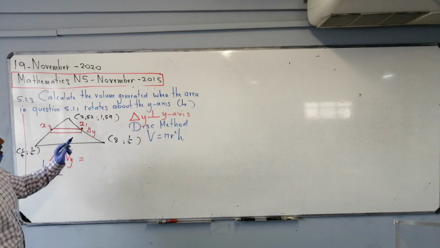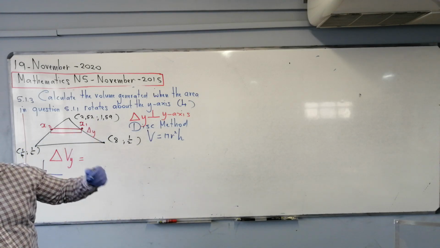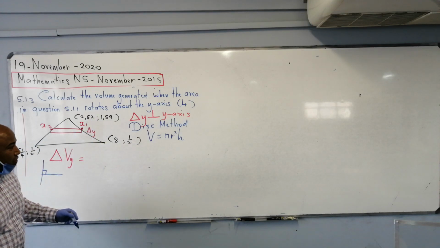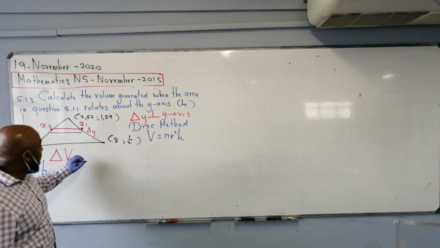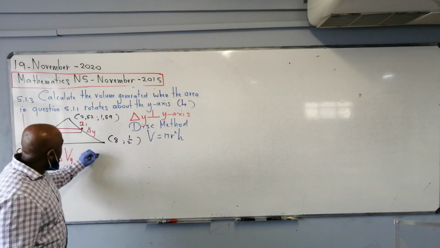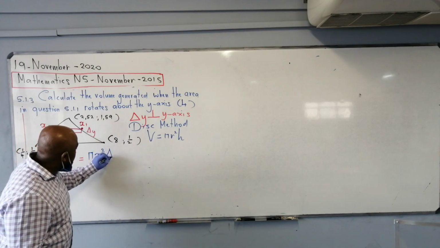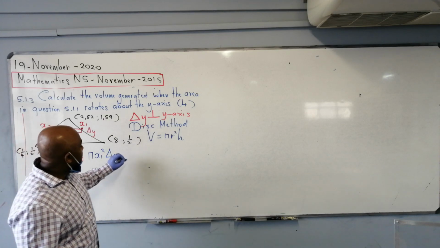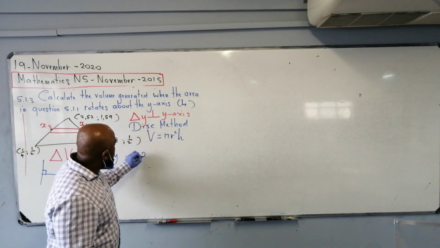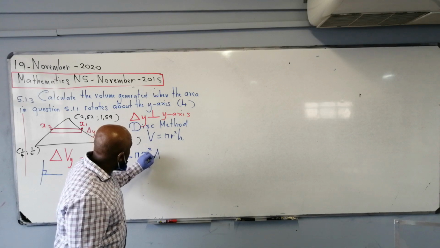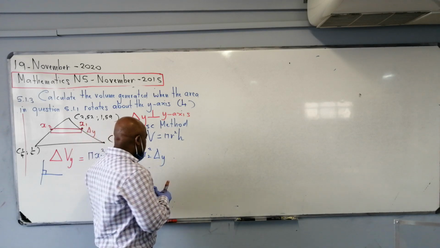So in this case, it's going to be just like we had top minus bottom there, x1 minus x2. It's going to be volume of the top, which is going to be pi x1 squared delta y, subtract volume of the bottom, pi x2 squared delta y.